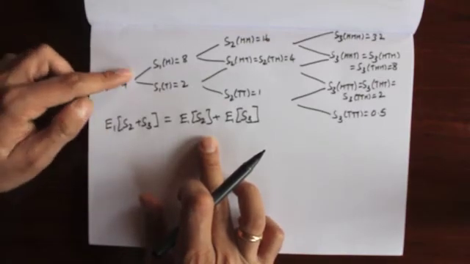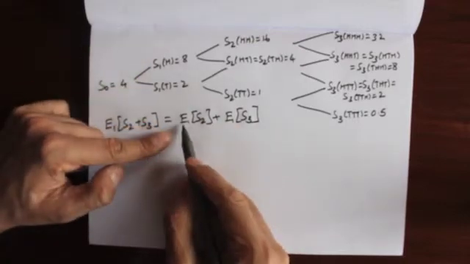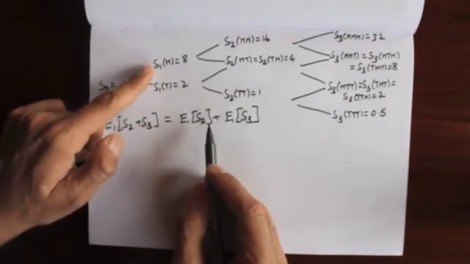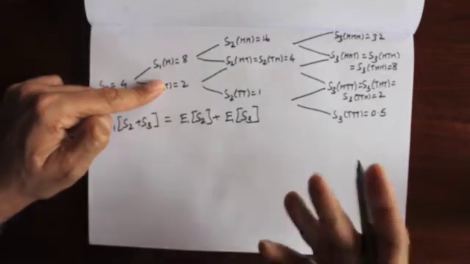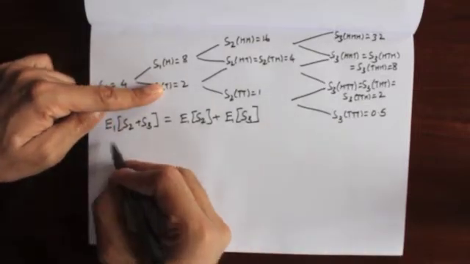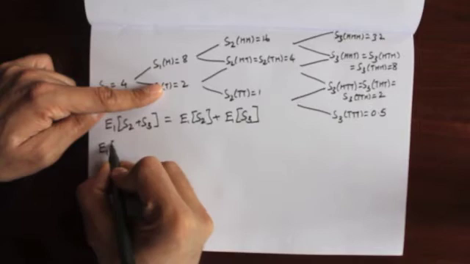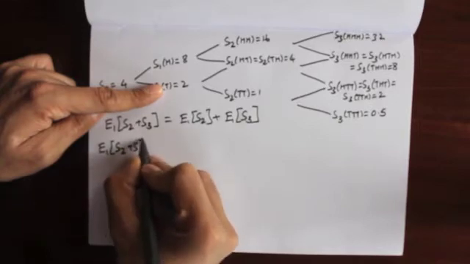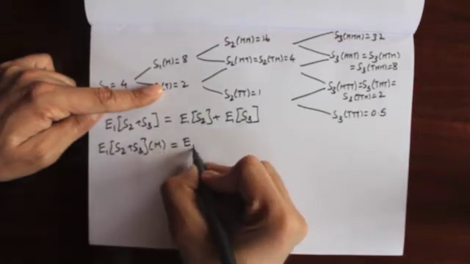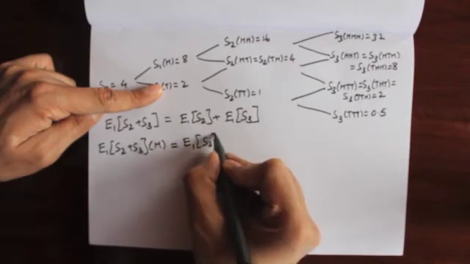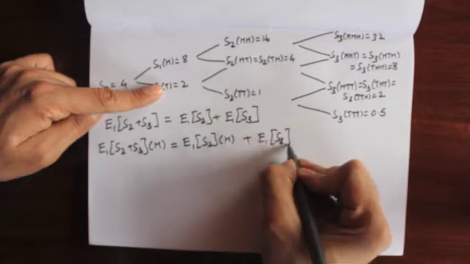Let's make sure we understand that at time 1 we are calculating the expectation at time 1, and we could be in either one of these two states. We could have tossed either a head or a tail. So this is in effect two different equations. What we need to prove is, if the first coin toss was a head, then the expected value at time 1 of S2 plus S3 equals E1 of S2 if head plus E1 of S3 if head.